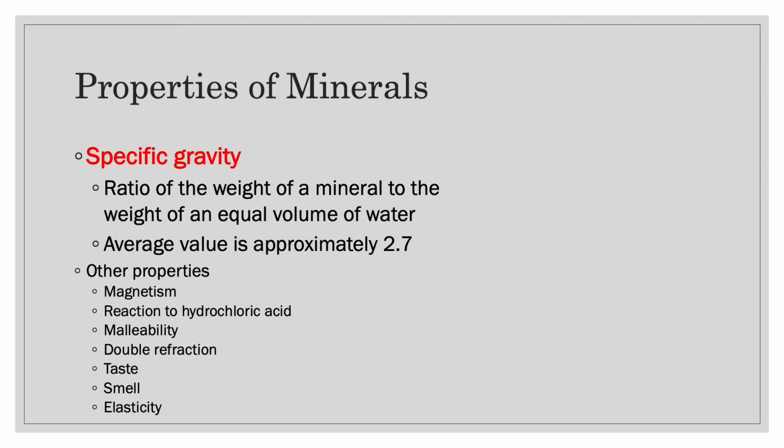So if you think about holding a soda can in your hand, and then you were to fill that soda can with the average mineral instead of primarily water, which is the soda, then your soda can would weigh 2.7 times as much, approximately.